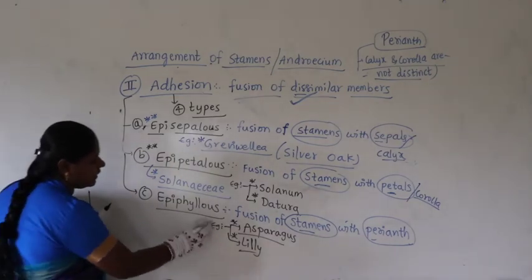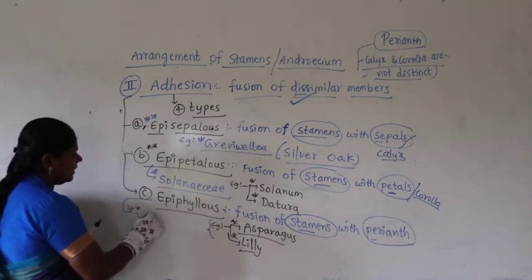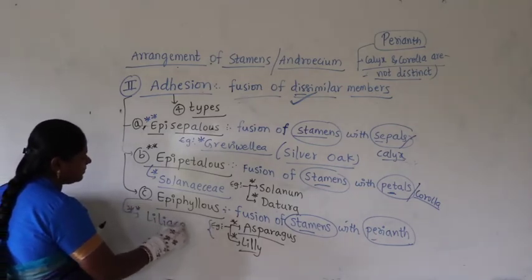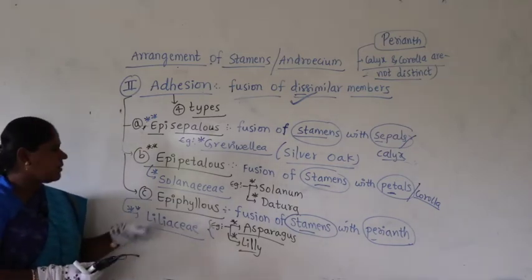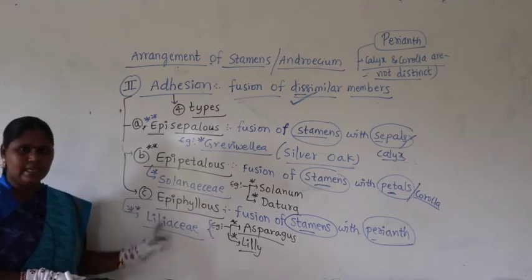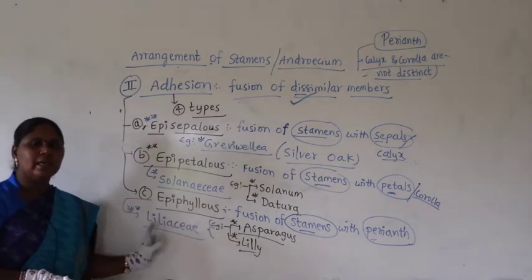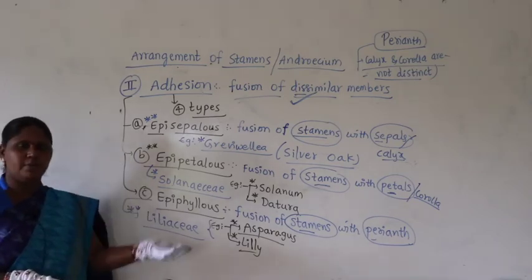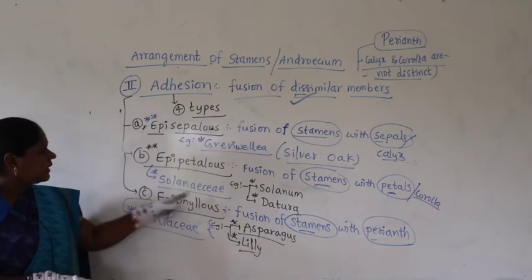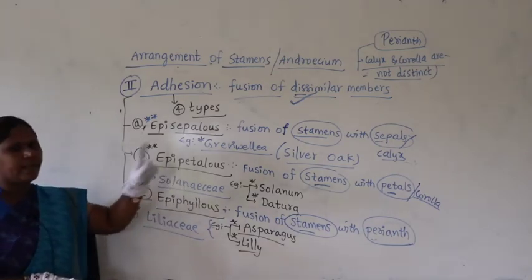Guys, if you observe clearly, these two belong to the family Liliaceae. You know, in the table we are discussing three families: Fabaceae, Solanaceae, Liliaceae. Now, these two are the characteristic feature of which family? Liliaceae. That means when we go to the next chapter, taxonomy, most generally questions will come interrelated with morphology and taxonomy.